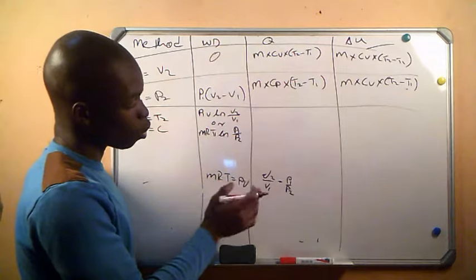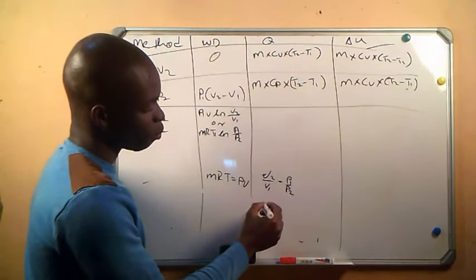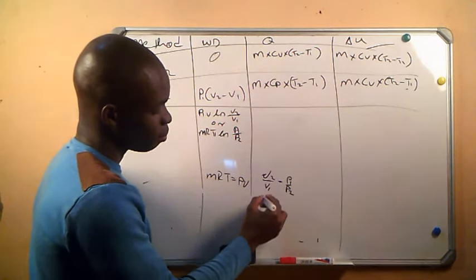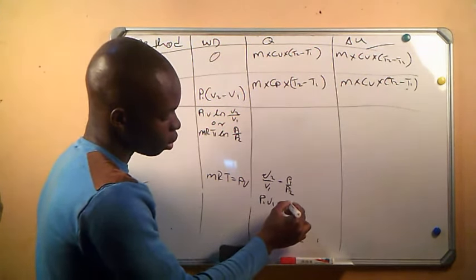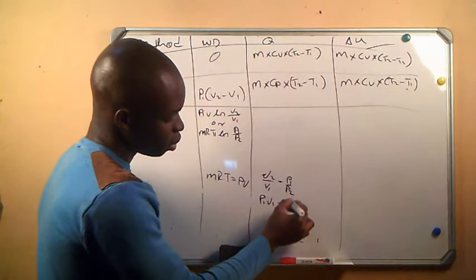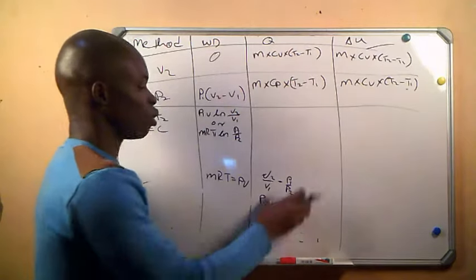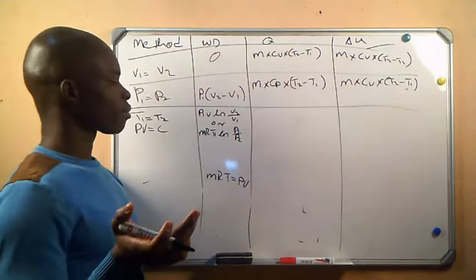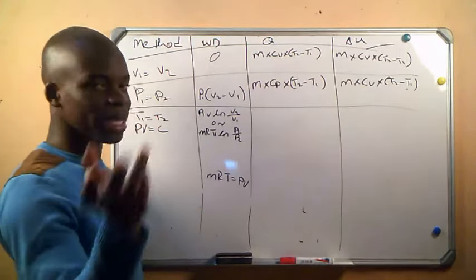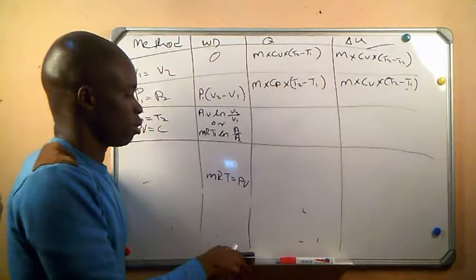These are also the same, so don't be confused. It's from the formula that we learned that says P1 V1 is equal to P2 V2. You can use any of these two as long as it complies with the information given to you.